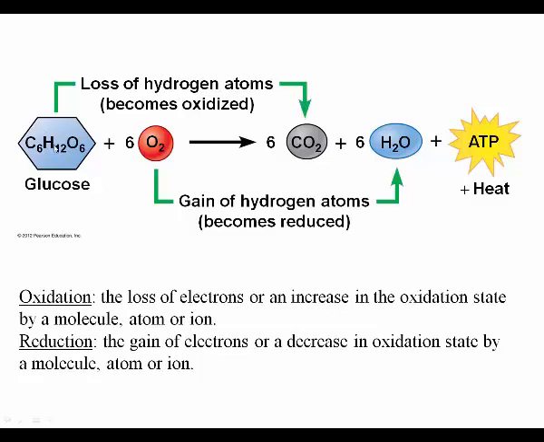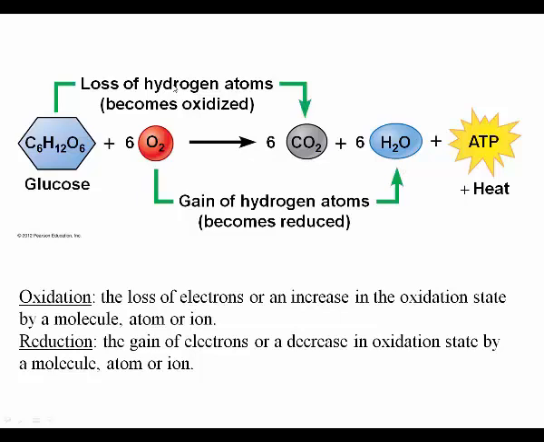The hydrogen that's found in glucose is going to end up attaching to oxygen to create water. Carbon is going to lose those hydrogens and be ultimately only with oxygen in CO2. So there's a loss of hydrogen atoms from carbon. There's a gain of hydrogen atoms to oxygen.